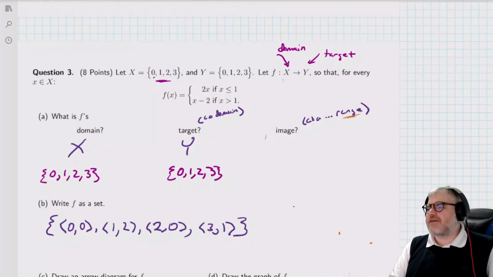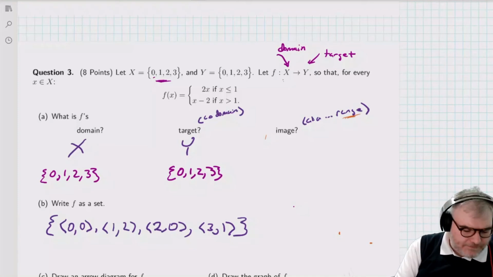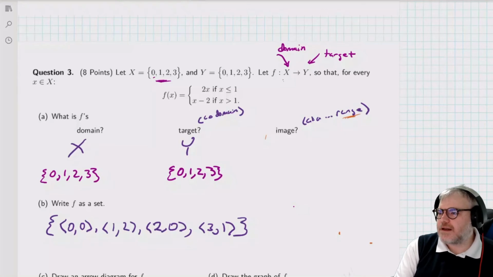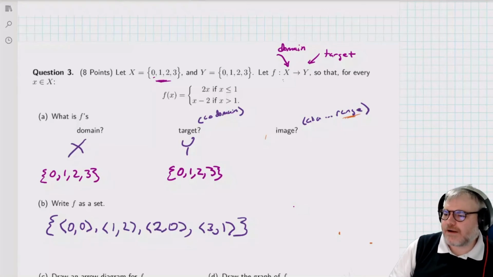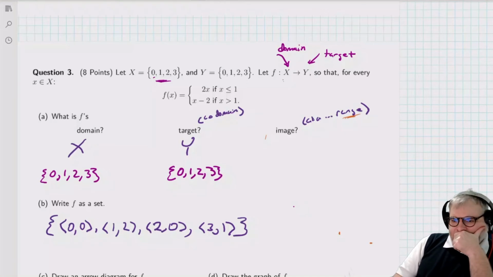All right, so 1 to 5, how do we feel about that one? So this would be question 2B. Stop. Start. I have a set of ordered pairs.